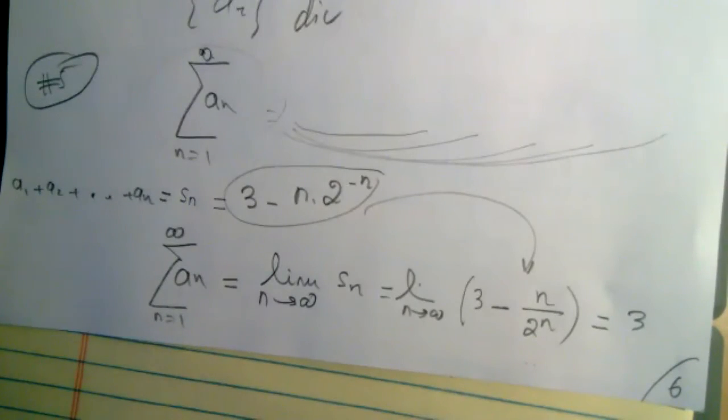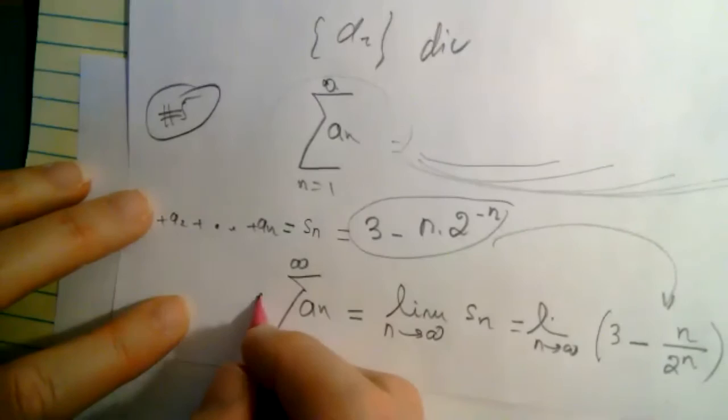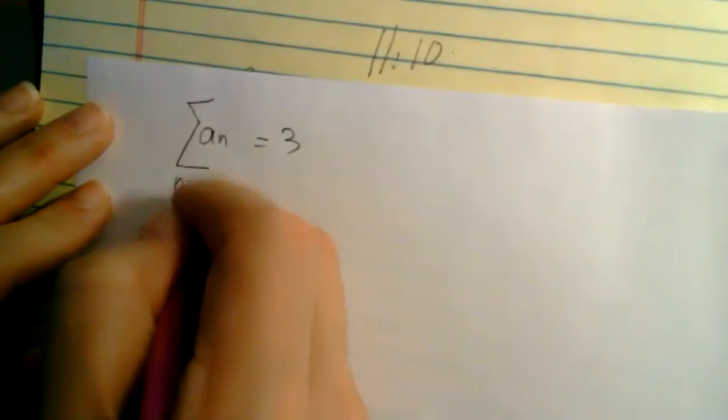So this is number 7. This is going to tell me that sigma an itself is equal to 3. Okay, so that answers the first question. Now my second question was a bit trickier, but let's see if you can figure it out.